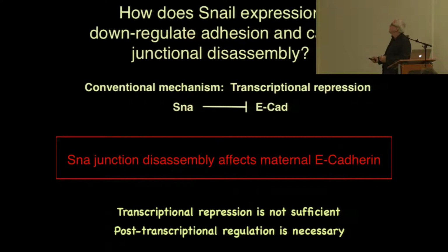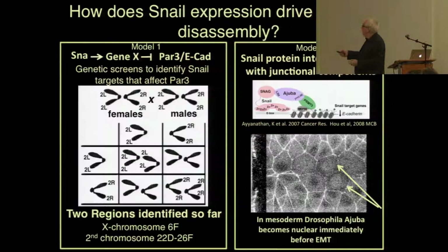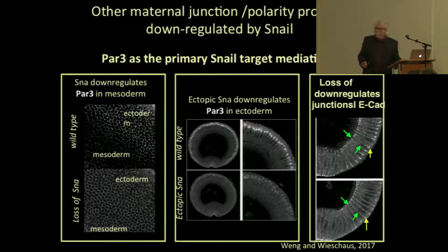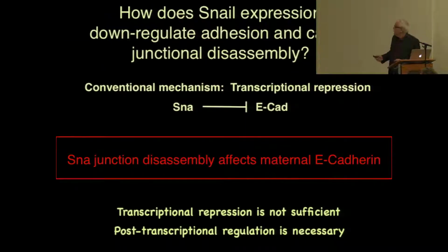What we know is that for snail to suppress or disassemble junctions using this mechanism is going to depend on the lifetime of cadherin and the turnover rates of cadherin. So unless snail interacts directly with the junction or there's some more direct process, this transcriptional mechanism isn't very attractive.